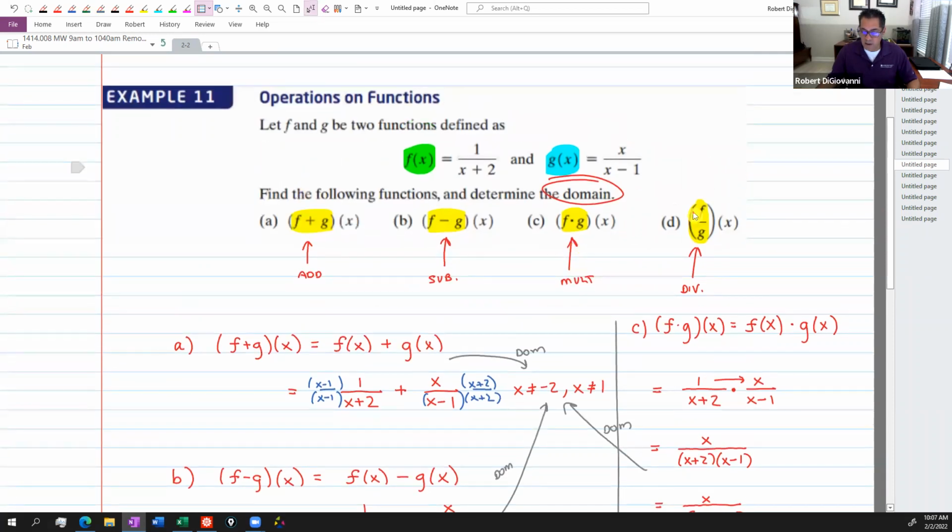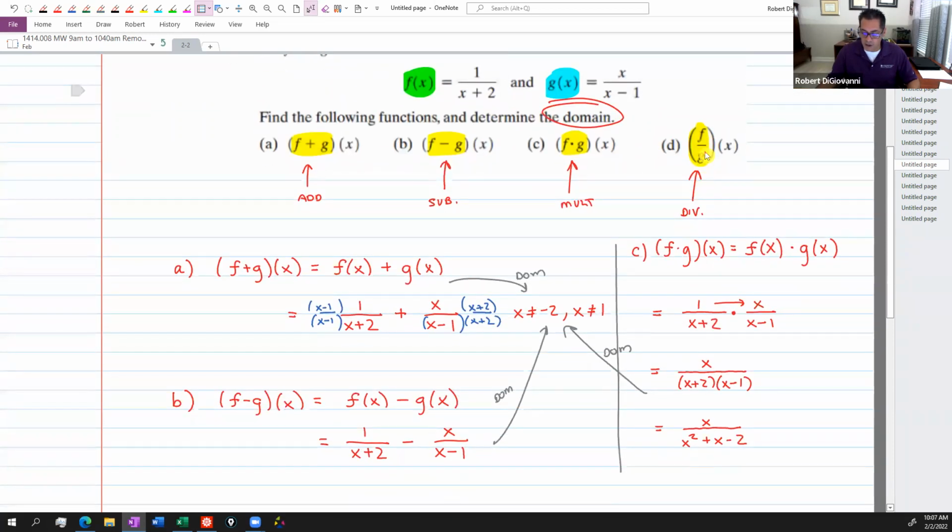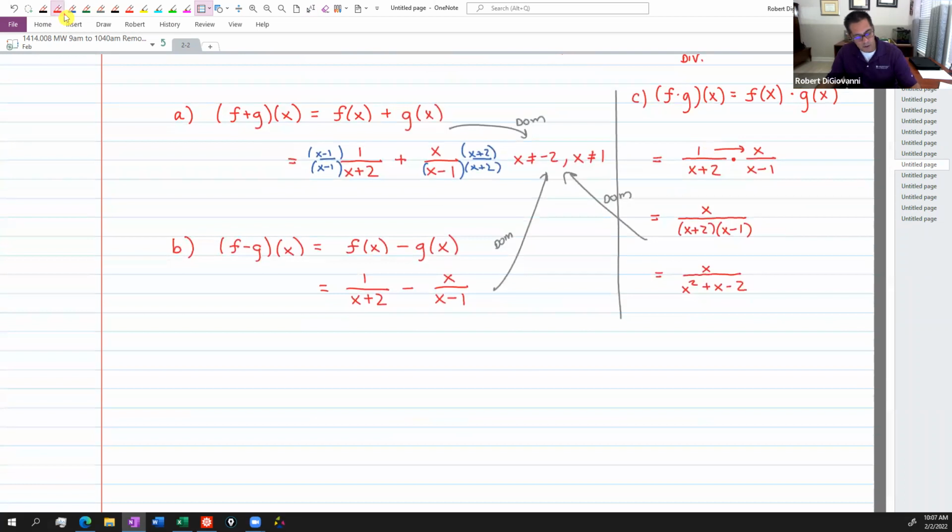Let's look at the last one. The last one's a little tricky. F divided by G. So for D, if I take F divided by G of X, that means you're going to take the F function divided by the G function, which means you take 1 over X plus 2 and divide it by X over X minus 1.